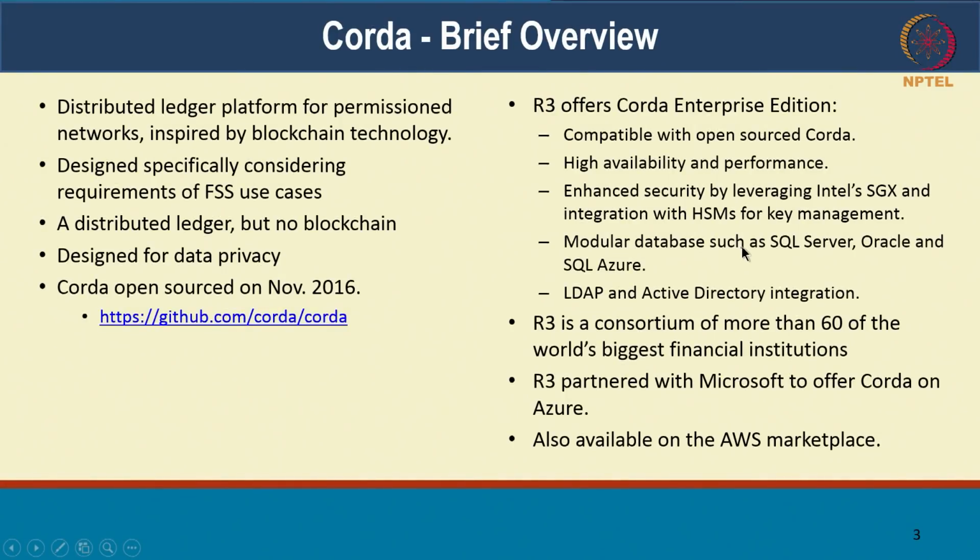They're also bringing in a modular database, so you can use different relational databases along with Corda, and it also brings in integration with LDAP and Active Directory. R3, the consortium of financial institutions, has partnered with Microsoft to offer Corda on Microsoft Azure, on cloud. It's also available on AWS Marketplace. So it's now available for you to instantiate on a public cloud and try it out.